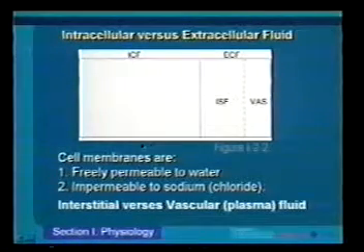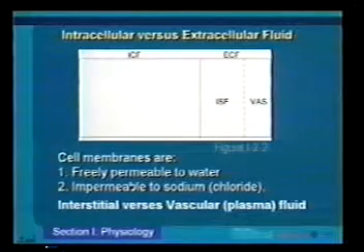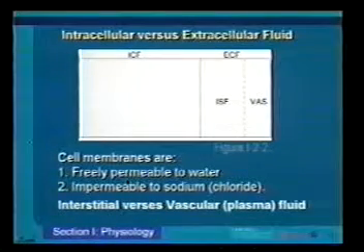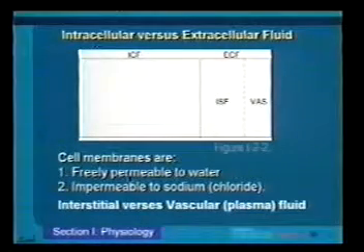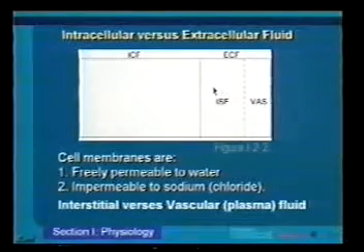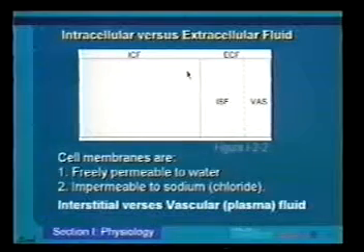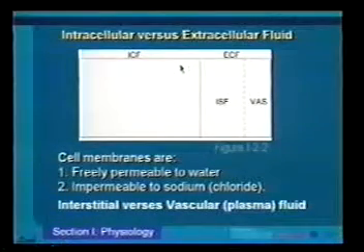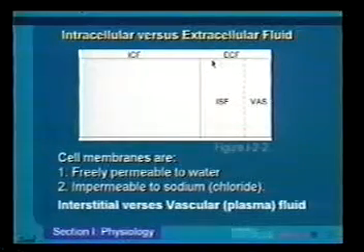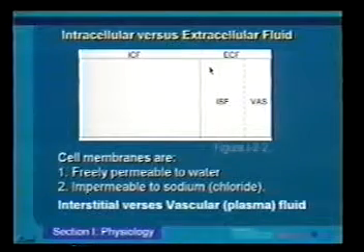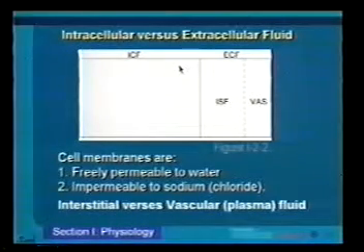Now the first characteristic that's important here, and I'm sure it's an obvious one, is that cell membranes in general are freely permeable to water. That means in a steady state situation, and this is tested on step 1, the concentration of water inside of cells is the same as the concentration outside of cells. So in a steady state situation, the intracellular concentration of water is the same as the extracellular concentration of water.